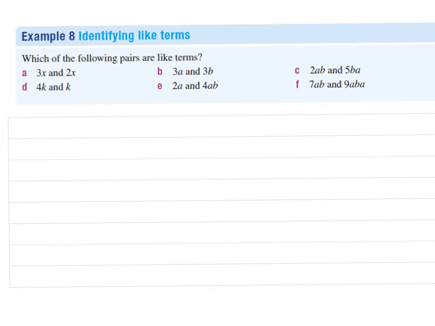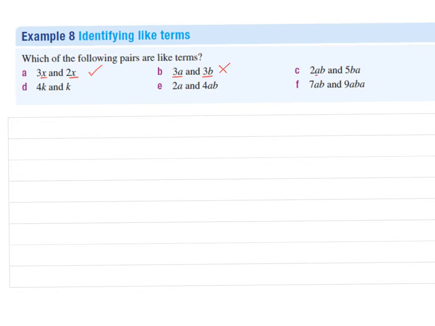First of all, we're identifying like terms. Which of the following pairs are like terms? In A, we've got X as the pronumeral and X as the pronumeral, so it will be like terms. In B, we've got 3 lots of A and 3 lots of B, but because the pronumerals are different, one of them has an A, one of them has a B, they are not like terms.